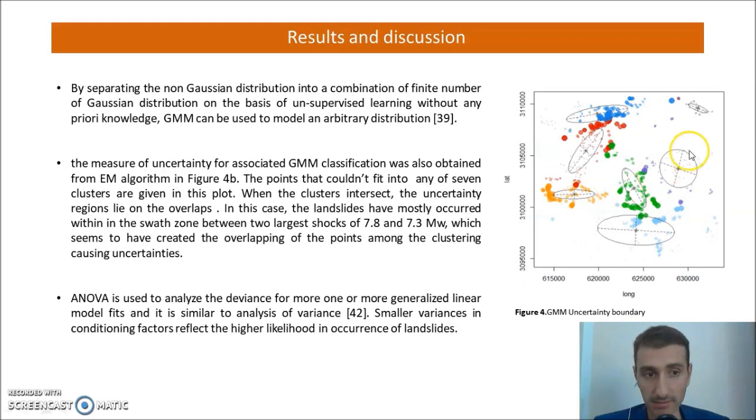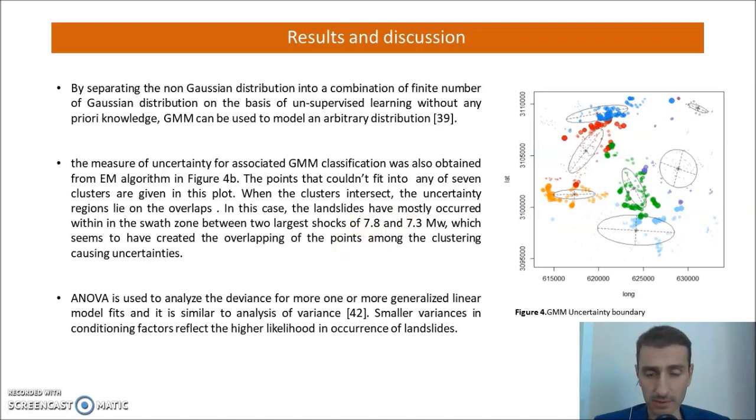As you see, there are some landslides within the swath, where we can see some uncertainty with the clusters for the GMM. The points that couldn't fit into any of the 7 clusters are considered uncertain, and they are shown here. These are the points out of the center of the cluster, which don't fit, and they have almost all occurred within the swath zone between the largest shock and the smallest, the aftershock as well.